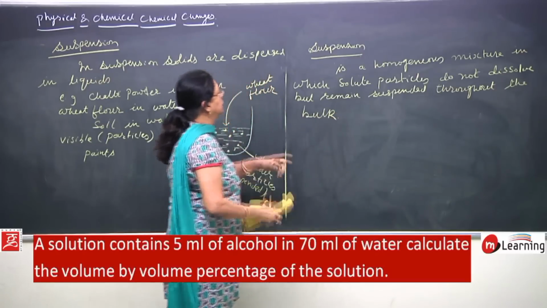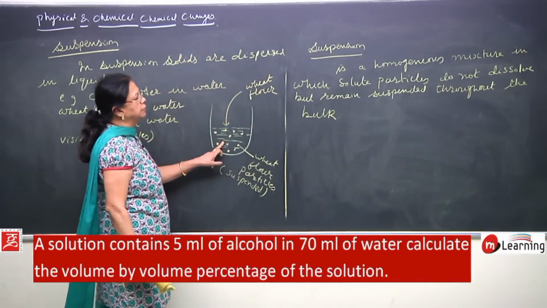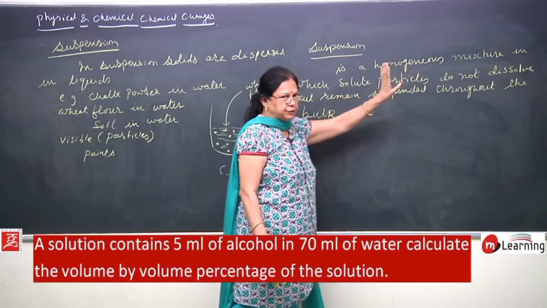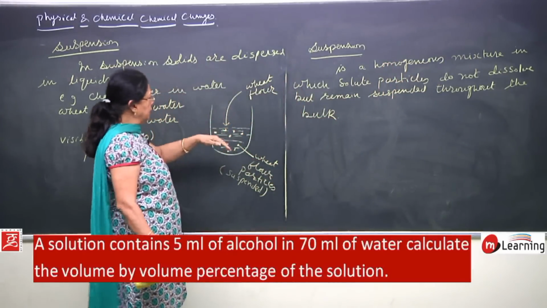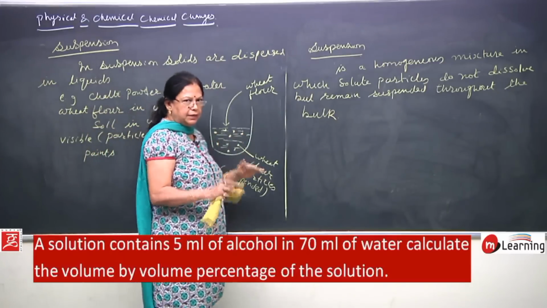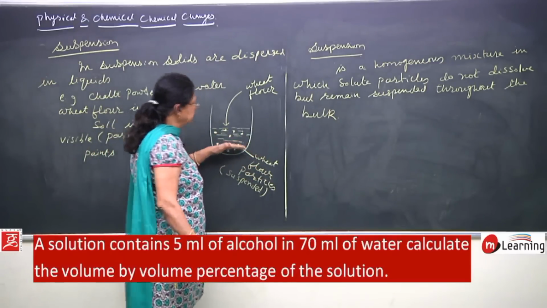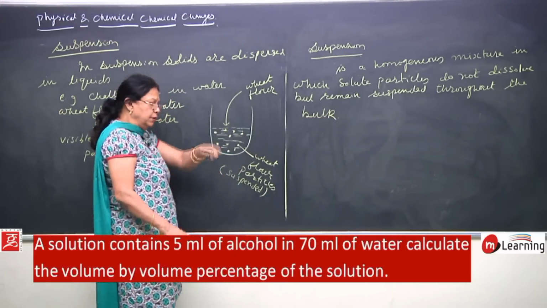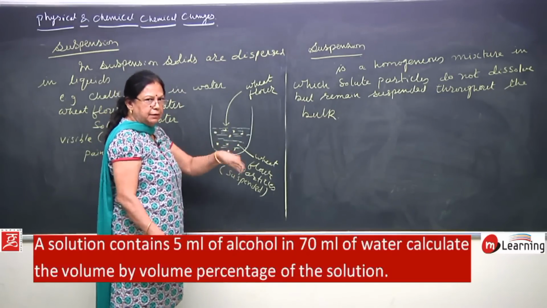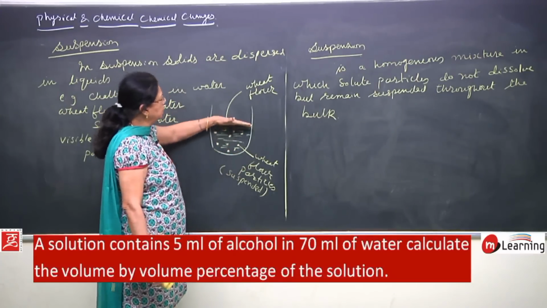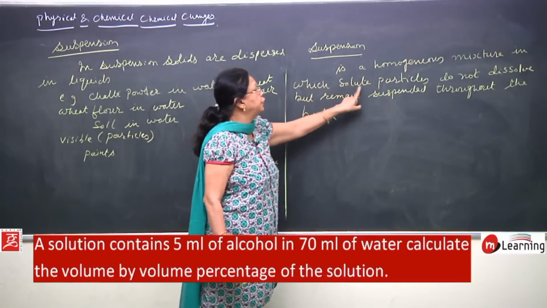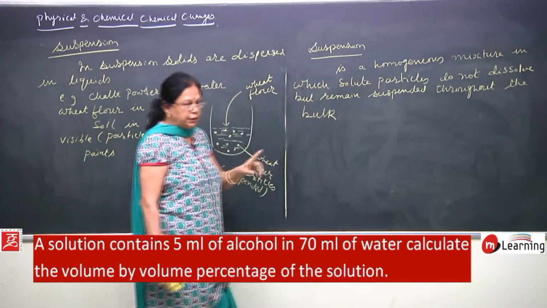Here, this is suspension. What we are saying is that it is a homogeneous mixture. Homogeneous mixture means, of course, if you leave it undisturbed for some time, then some particles, the thick portion, will settle down, but again after mixing and stirring it, it will become a homogeneous mixture. It is a homogeneous mixture in which solute particles do not dissolve.